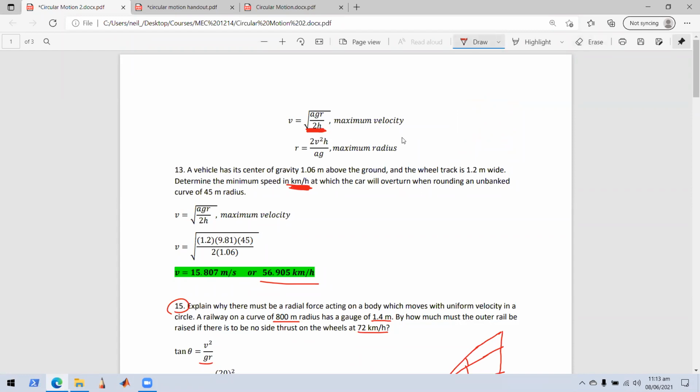Generally, from this formula for maximum velocity, we can see that if h goes up, you divide by a bigger number, so this value overall would be smaller. So the maximum velocity would be lower. V is inversely proportional to h. So if you want to drive faster in your car, you want to lower it.